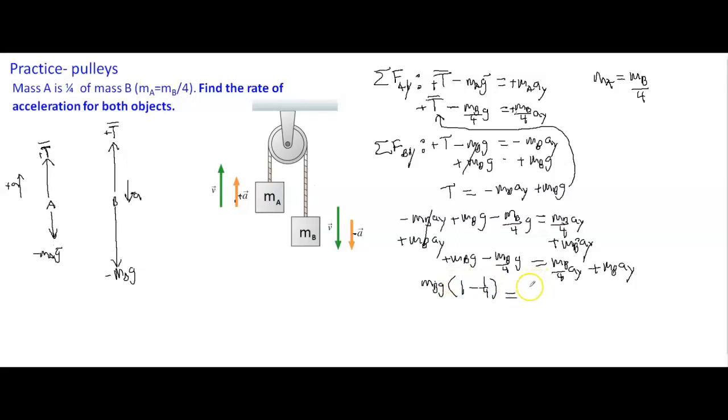Over here, I'm going to pull an MBAY out, and I get 1/4 plus 1. So this becomes MBG times 3/4.